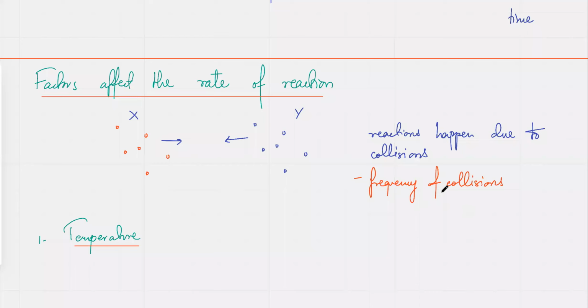Yes, sir. Ji, sir. So the second point is the effectiveness of the collisions. Or we can say how successful are the collisions?